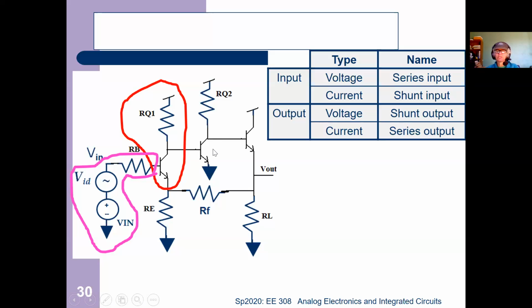What's the simplest version of the next stage? Everyone's very quiet today. A common emitter with passive load. Yes, common emitter with passive load again. And then what's the next stage you see?